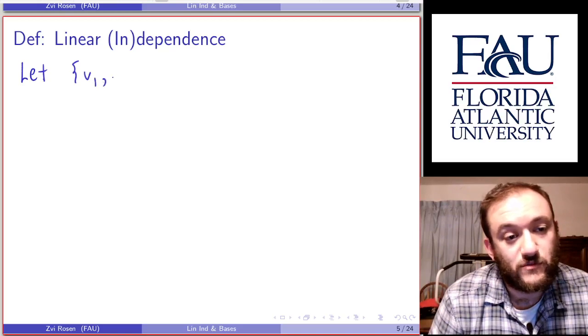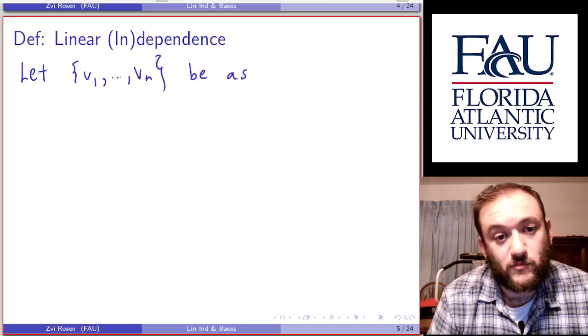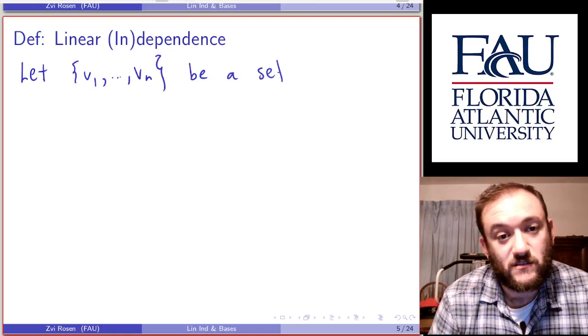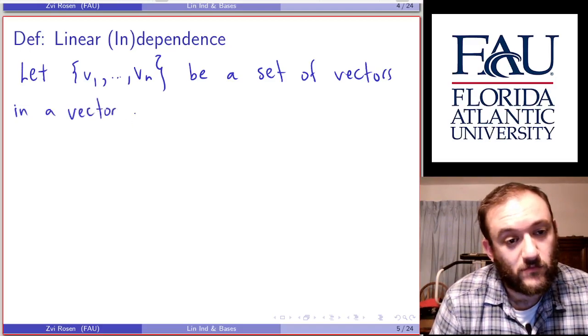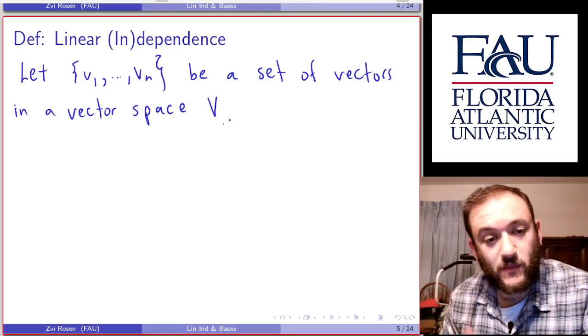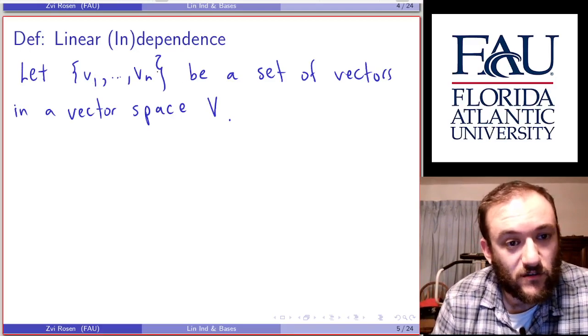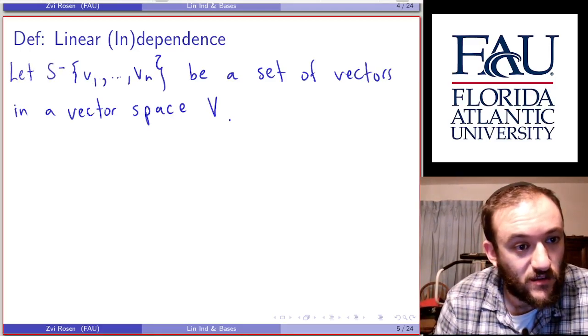So we're going to take a set of vectors v1 through vn in a vector space V. Let's call this set S to be abbreviated.